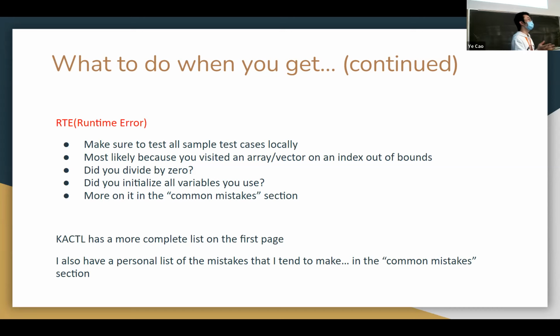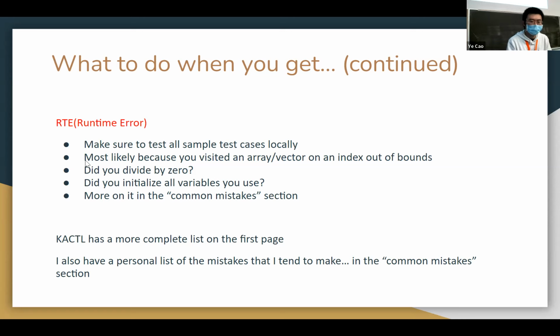If your sample test case is really small, you're not going to do something that's really outrageous, so it might just cheese by without you catching it. But when you use a larger set of data, that problem will arise and it will blow your code up. So think about the possibility of whether you visited an array or whatever data structure out of bound.